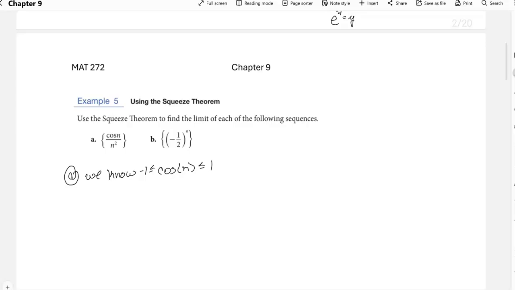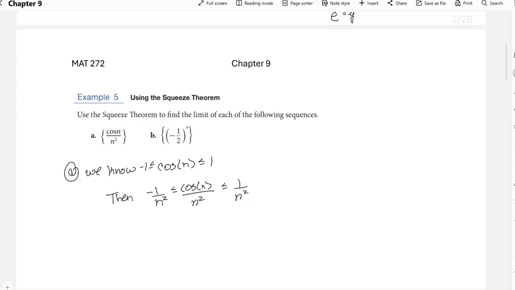So if we divide everything in that statement by n squared, then we can apply the squeeze theorem. We're talking about n values like 1, 2, 3, 4, and so on. So these n's are getting larger and larger. So if cosine of n lives between negative 1 and 1, then the cosine of n over n squared has to live between negative 1 over n squared and 1 over n squared.